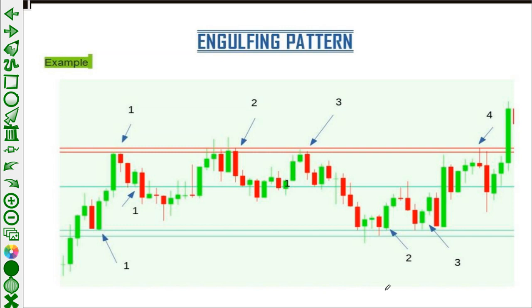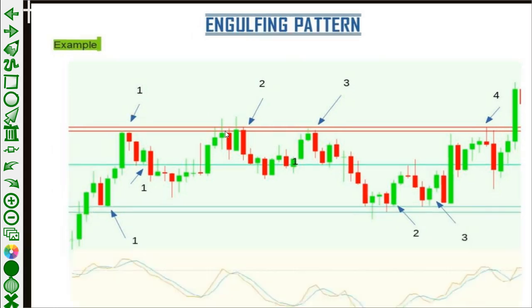And in the next slide, I want to show you the stochastic also. The setting for stochastics is 13-3-3. The stochastics also play a very important role while selecting any trade.